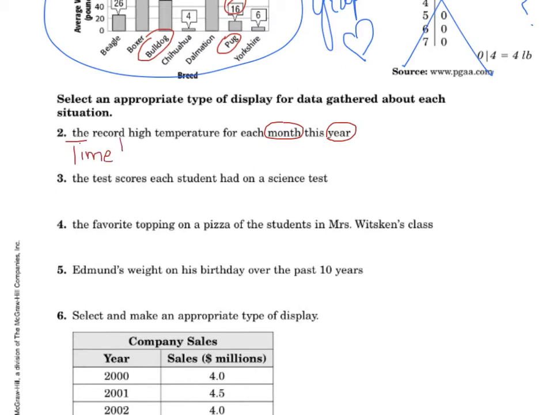Time. So which one do we use for time? Which one is best for time? Line graph. Very good.